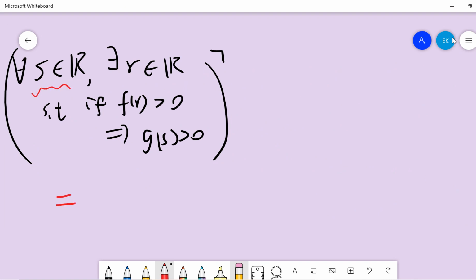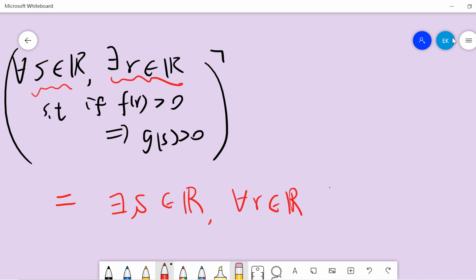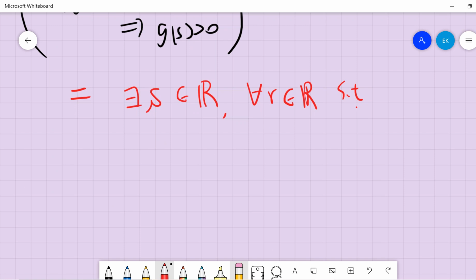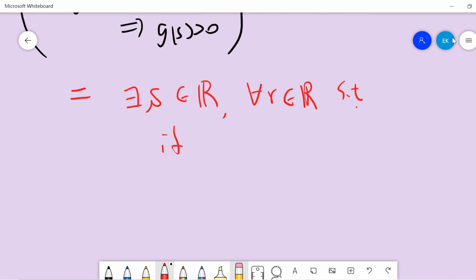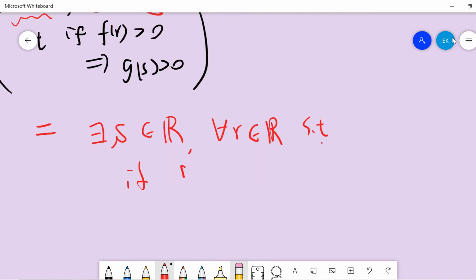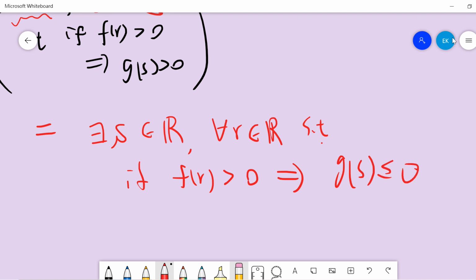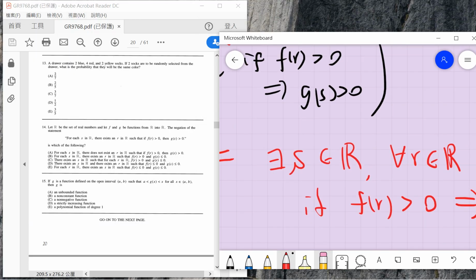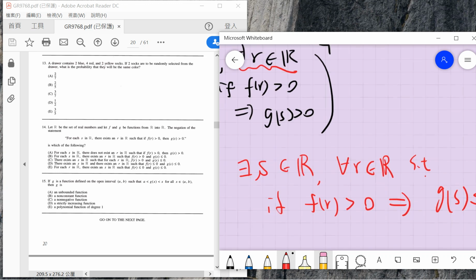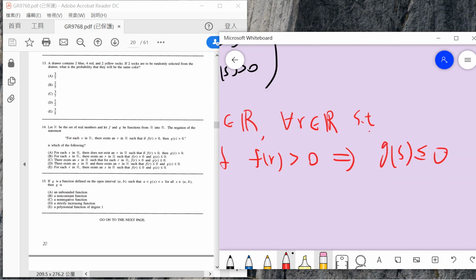Every time you see for all s, you change it to there exists s. There exists r, you change it to for all r. Such that is still the same, right? If f of r is larger than 0, then the result fails, right? g of s is less than or equal to 0. So this is just standard logic. So what is the answer?